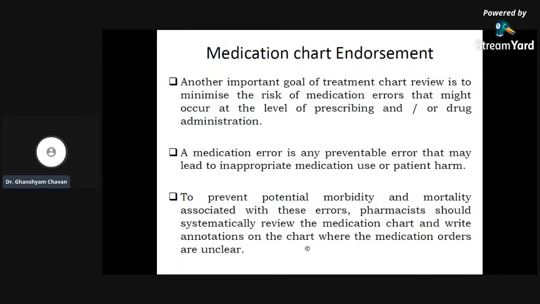So there is a role for the pharmacist, who can review the medication chart and write down some notes there, any supplemental documents or any sentence, that this drug has a side effect, due to which the patient was complaining of headache, or the patient had depression by taking these drugs. In this fashion he can make it clear by writing there that it will produce the problem, and we should try to avoid the drug.